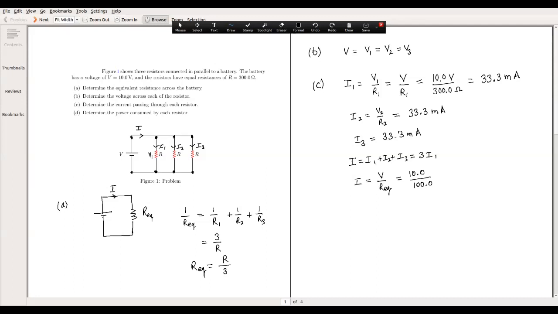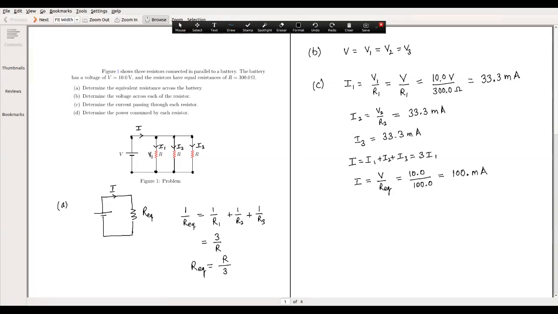That gives 10 divided by 100, which is 10 raised to minus 1, so to 3 digits it's 100 milliamps. The total current pulled out of the battery is 100 milliamps, which is consistent with the fact that all three add up: 33.3 plus 33.3 plus 33.3 add up to 100 to 3 digits.